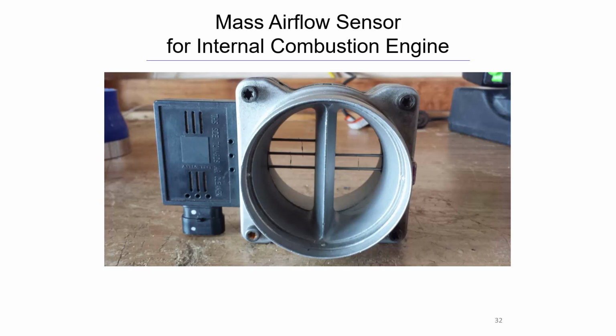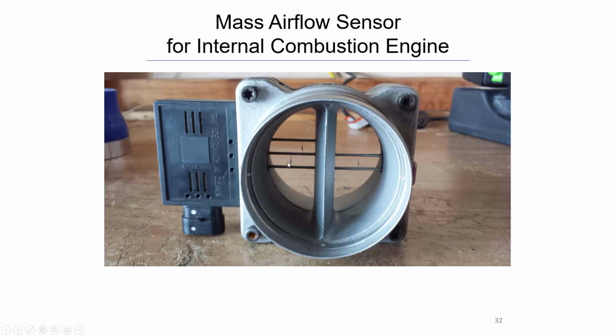This is a mass airflow sensor for an internal combustion engine. So lots of cars have this. There are other versions of it, but exactly what happens is you have the air flowing through here. And there are these three little coils, not wires across here.